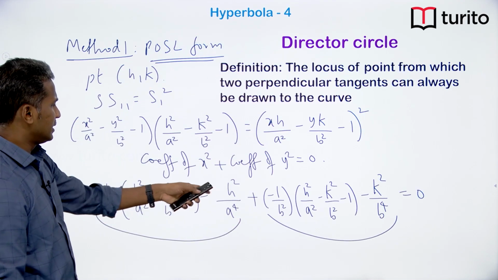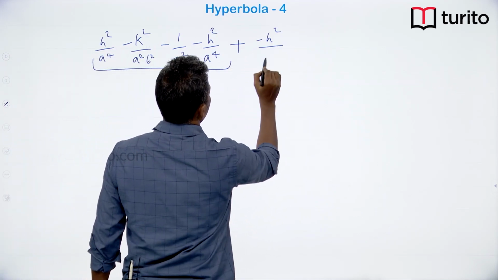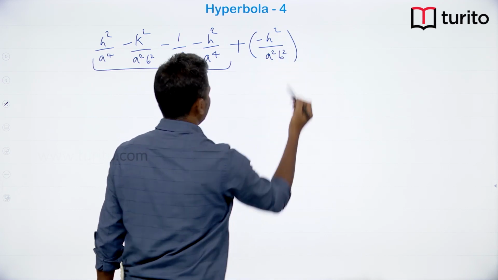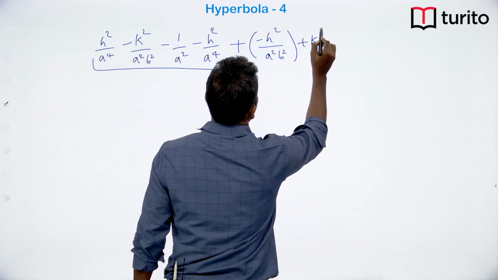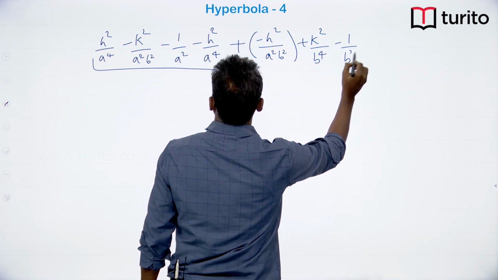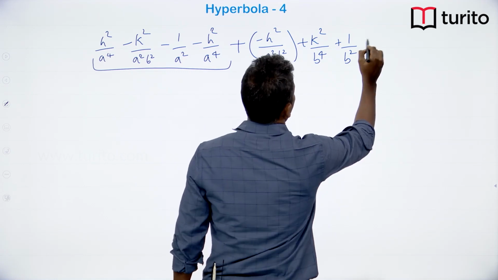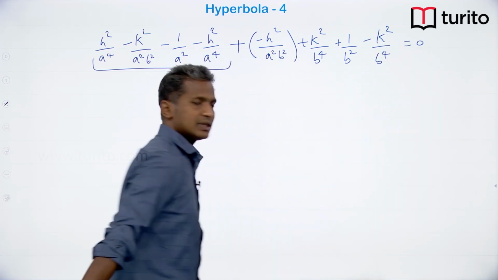Similarly here minus h square by a square b square, this is one term, plus k square by b power 4 minus 1 by b square, plus 1 by b square, and minus k square by b power 4, this must be equal to 0.